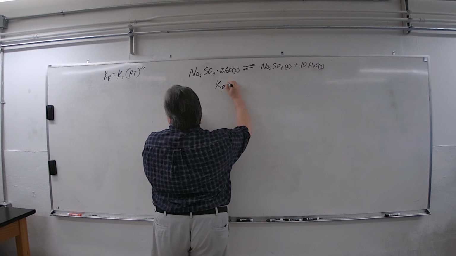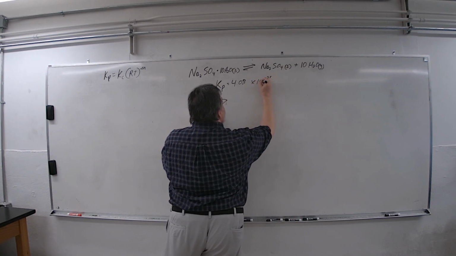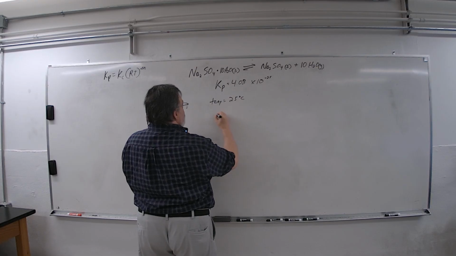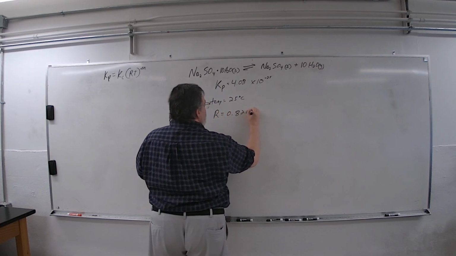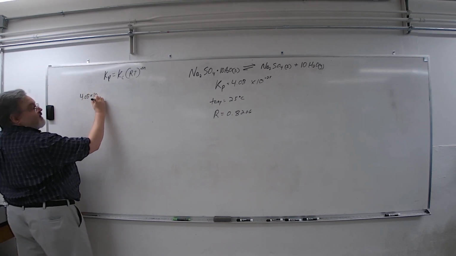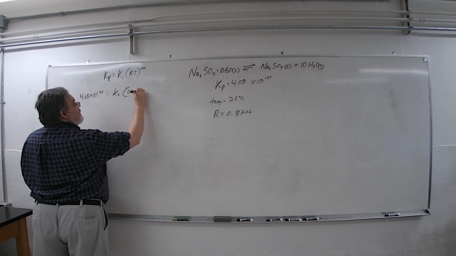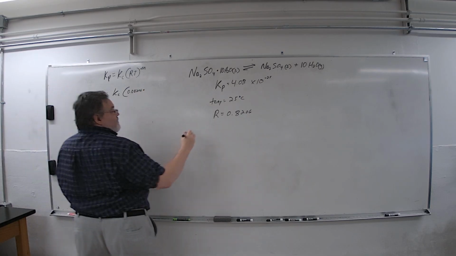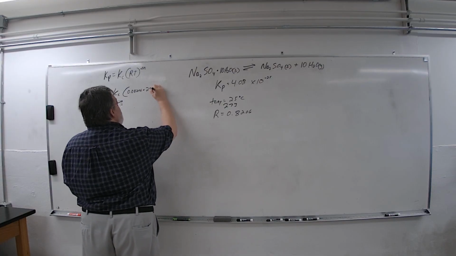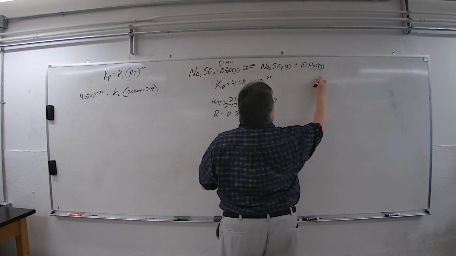If Kp equals Kc times 298. It's going to be 0 gas over here, 10 moles of gas here.